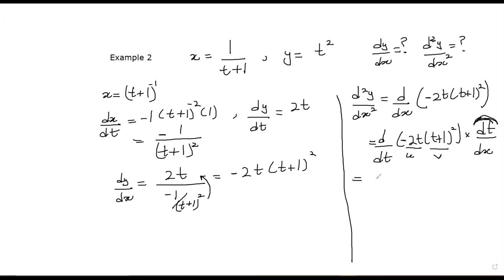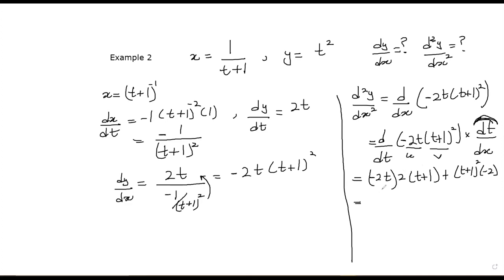So let's do this. Minus 2t into v prime, which is the derivative of t plus 1 whole squared. So we will end up with this. Then plus v into minus 2.